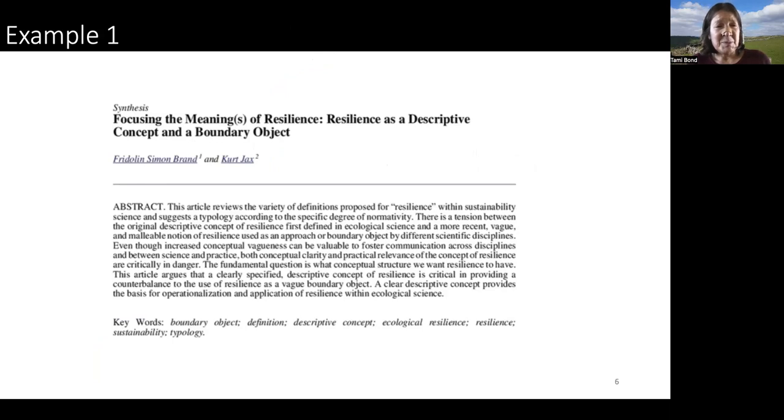These two people proposed resilience as a boundary object. And resilience is a concept that is used throughout ecology and throughout sustainability work. And they pointed out that people looked at resilience differently, but they could possibly use it to talk about similar concepts.